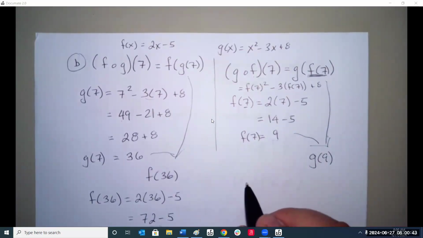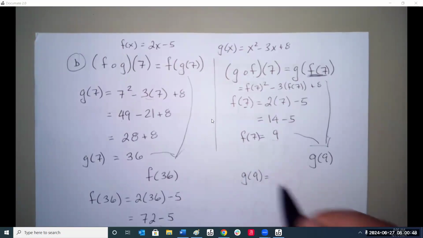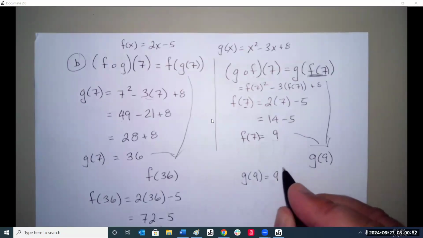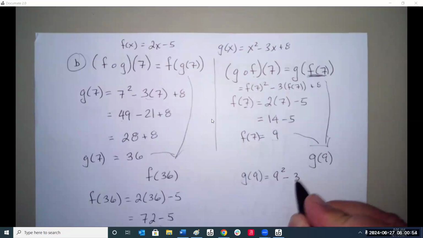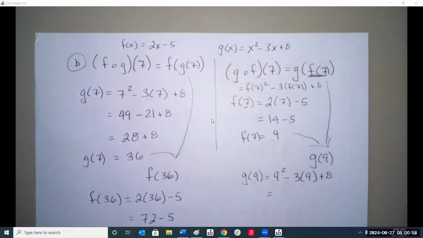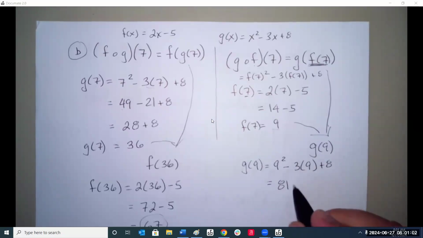So then we have g of 9 equals 9 squared minus 3 times 9 plus 8. 9 squared is 81.